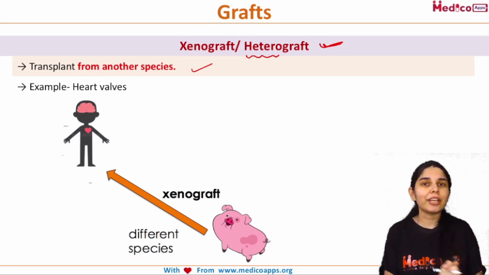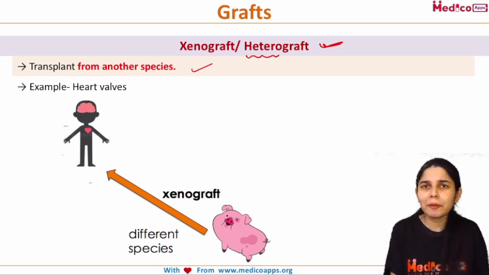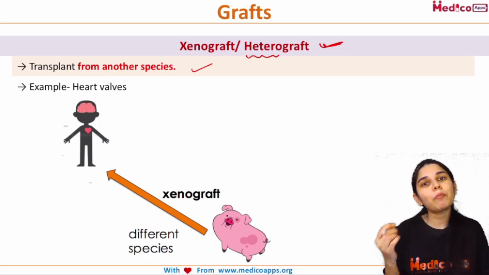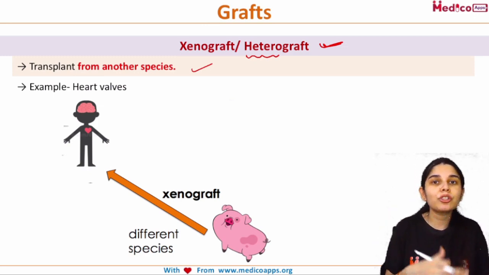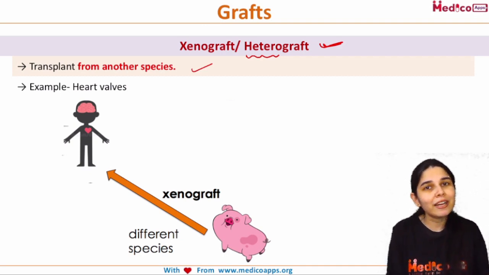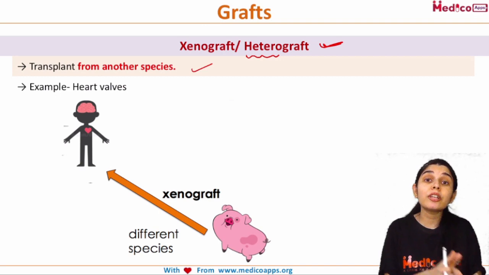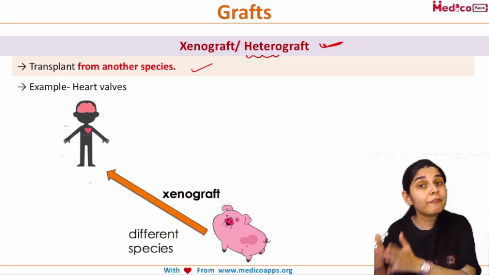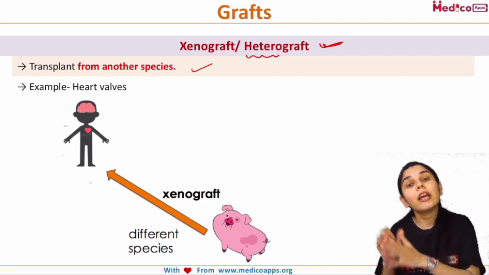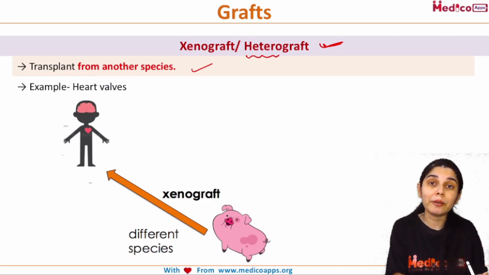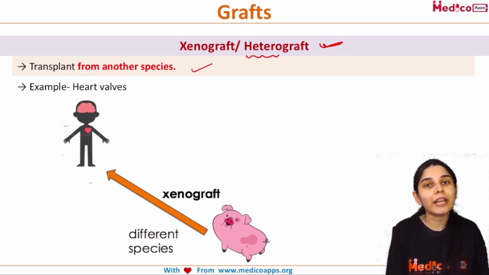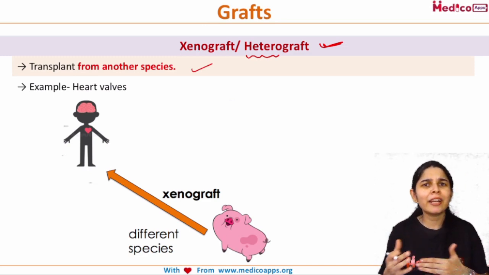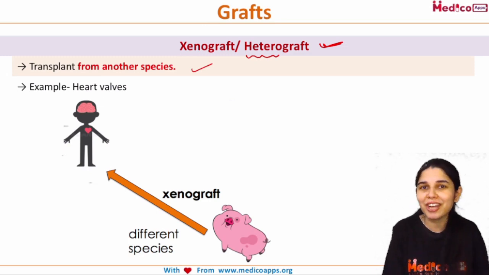Recently you must have read in newspapers and seen in the news that a genetically modified pig heart was transplanted to a human being. Though sadly that man died after 2 months, it was a transplant from a genetically modified pig to a human being, and that is what we call a heterograft. This is related to the question just asked.